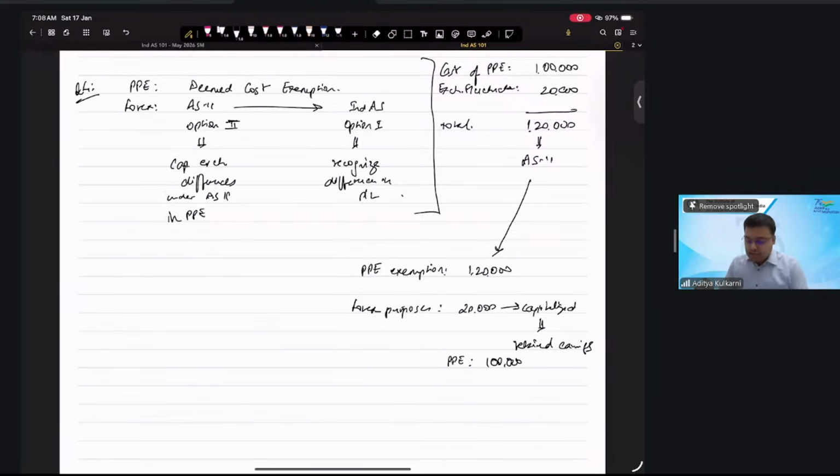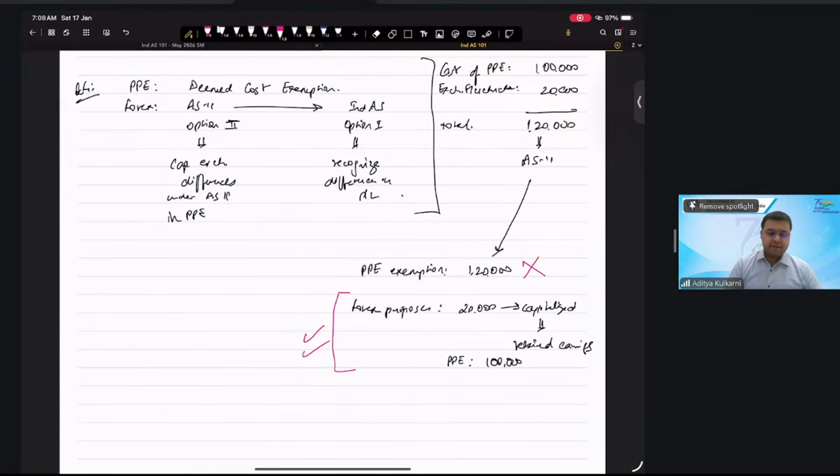Now, you can see that there is a conflict. If I comply with the forex requirement and state my PPE at 1 lakh, I will end up not complying with the PPE requirement, because the PPE requirement says that whatever your value is, you have to bring it as your value in Ind AS, and my value is 1,20,000.